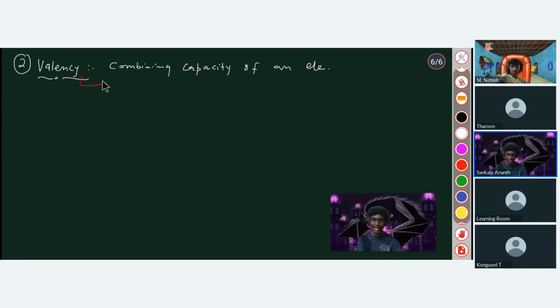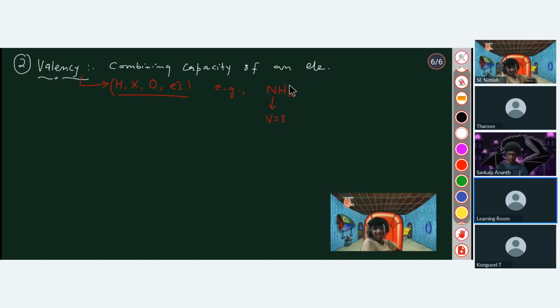See now, here you can calculate this combining capacity either in terms of hydrogen, or halogen, or oxygen, or electrons. There are four different ways. I will give you an example of each. If you have to tell me the valency of nitrogen, it is 3, because it combines with 3 hydrogen atoms.